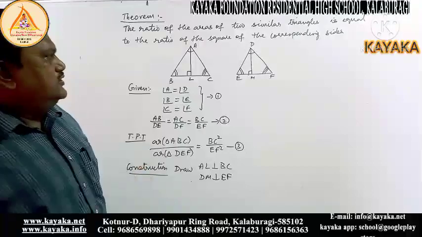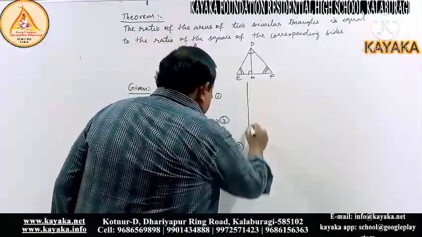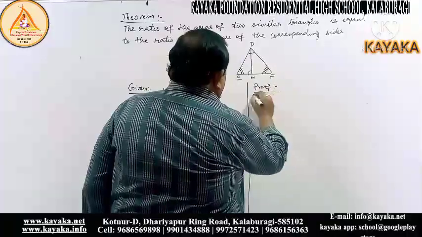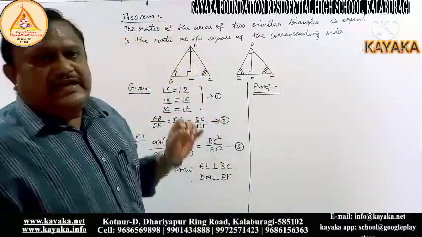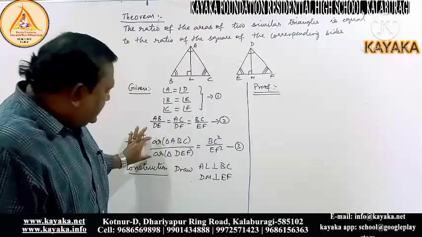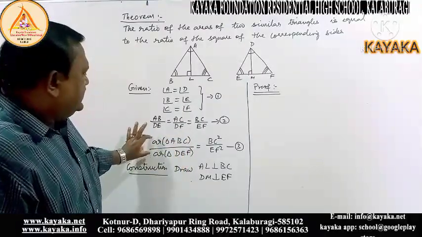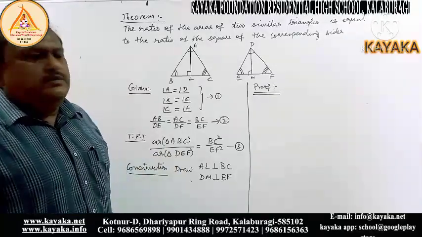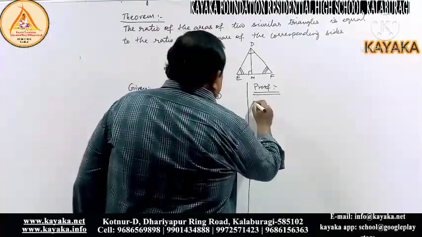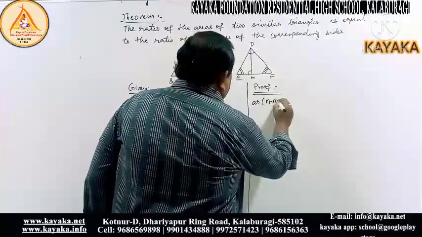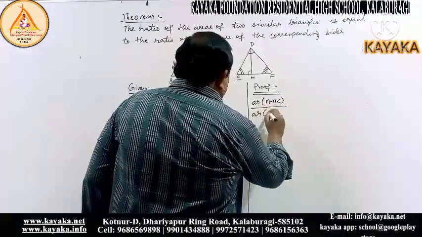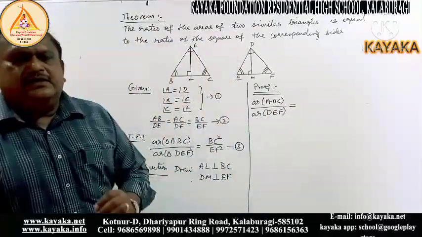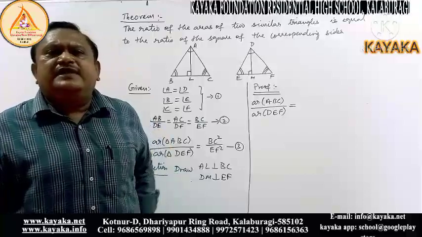Now next step, we are going to start the proof now. For this theorem, we start the proof from the LHS, that is, to prove area of triangle ABC divided by area of triangle DEF. Therefore, area of triangle ABC divided by area of triangle DEF will be equal to, all of you know the formula to find the area of a triangle.